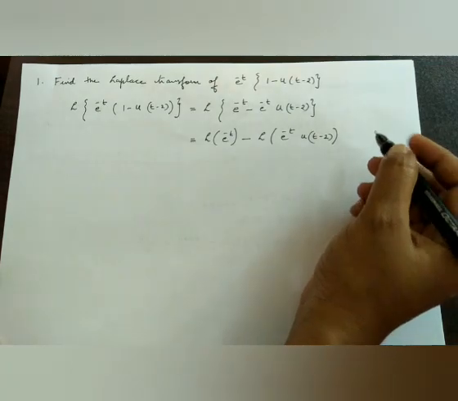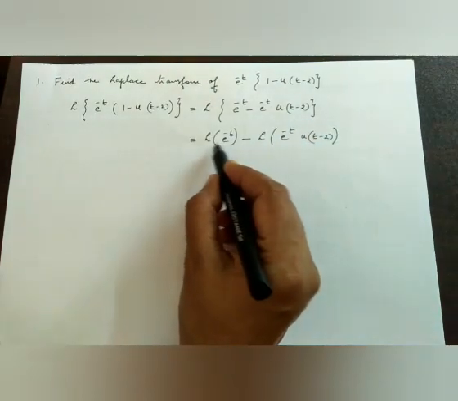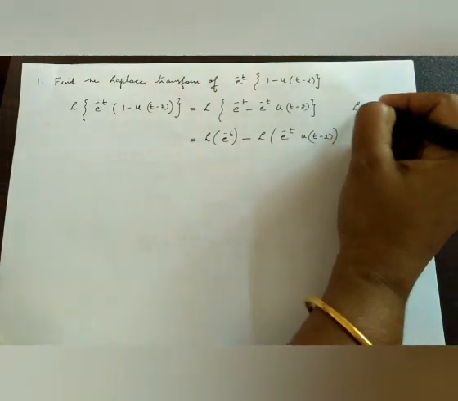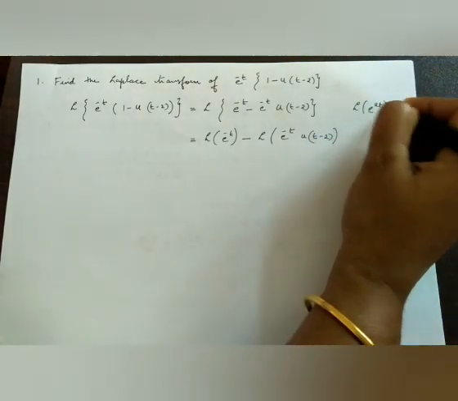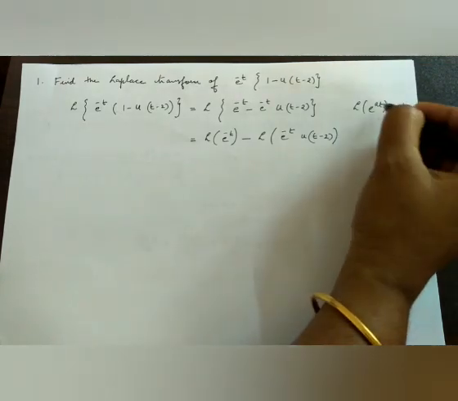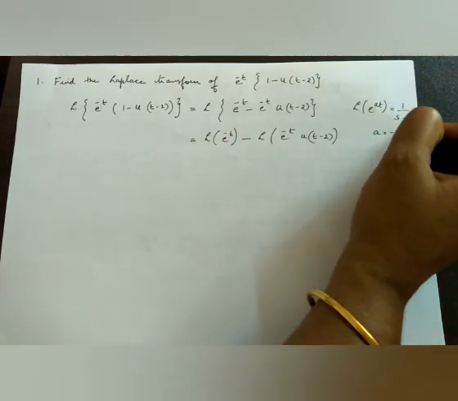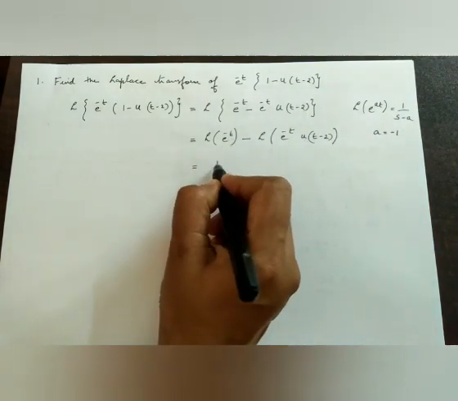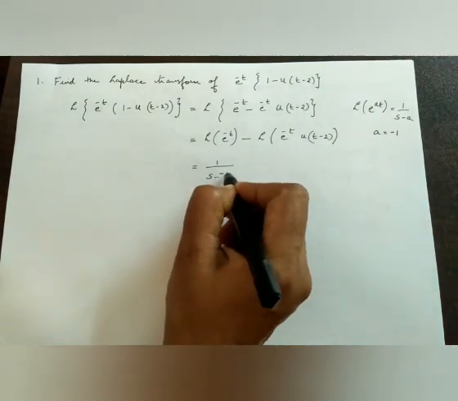Here we know the Laplace transform of e raised to minus t by using the Laplace transform of e raised to at, which is 1 by s minus a. By putting a equal to minus 1, we get the Laplace transform of e raised to minus t, that is 1 by s minus of minus 1, that is 1 by s plus 1.